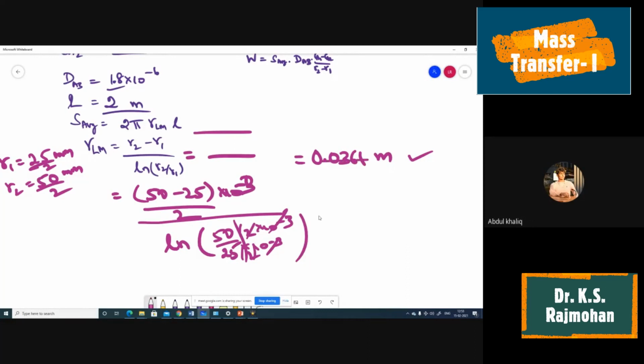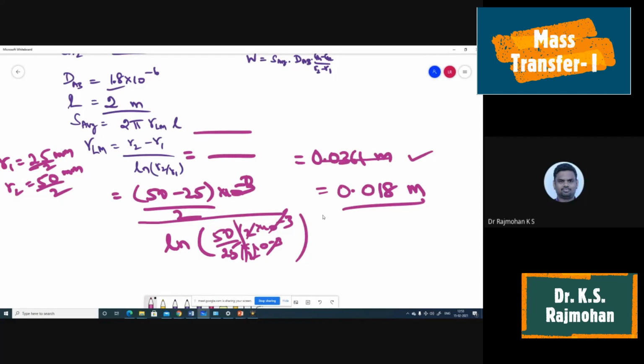How much? 0.018 meters. Okay. So what is R2 minus R1? Keep it separately, because that also you will substitute here, right?